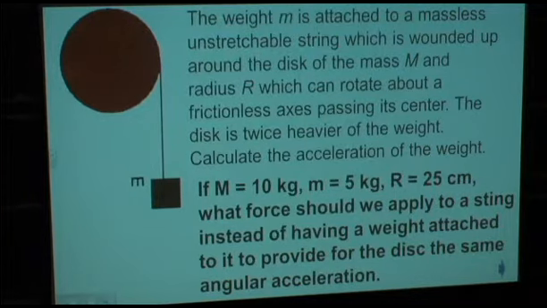So in this situation, if this weight travels down, the angular velocity is clockwise, which means the torque provided by the friction between the disk and the axis should be counterclockwise. So how does this change our equations?